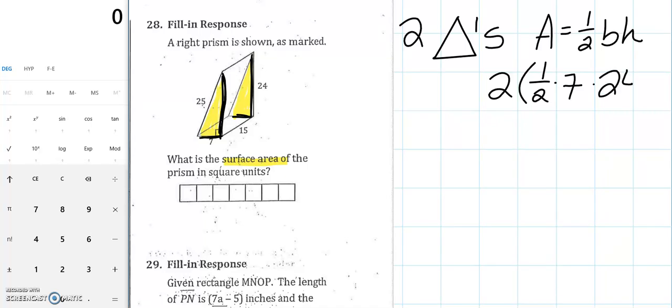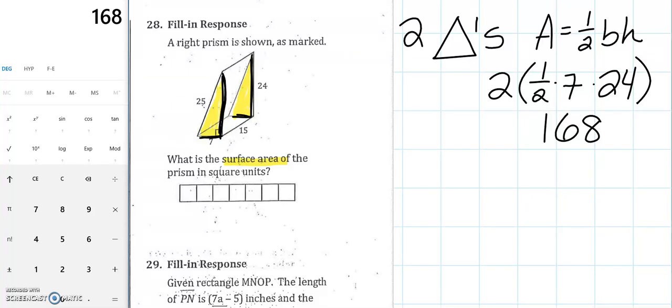It's not going to be the 25, that's your hypotenuse. So that's going to give me the area of the two triangles. Let me go ahead and figure that out. 24 times 7 times 0.5 times 2, basically cancel each other out, and we get 168 for the area of both triangles. Now we need to take care of the rectangles.